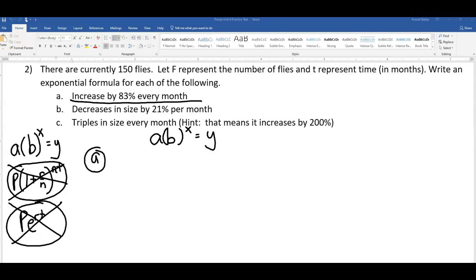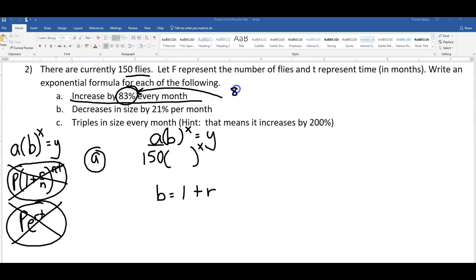Okay? And as we talked about, what goes here is the starting amount. So what is the starting number of flies? Well, it tells you it's 150, so I'm putting 150 where the A is. And now I need to find my B value. Well, it says that it increases by 83% every month. Now, as you guys know, B is equal to 1 plus R, and in this case, my R is 83%.